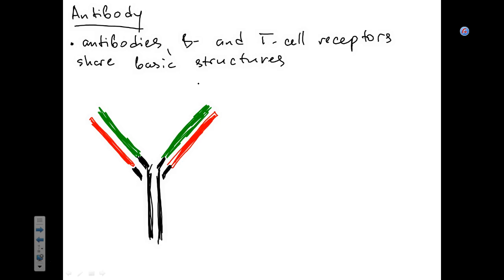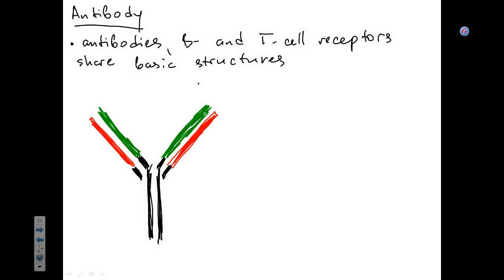Here's the structure of antibody. So it's like a fork. You see the similarity? It's a fork. Okay. So this fork consists of how many, and it's a protein.